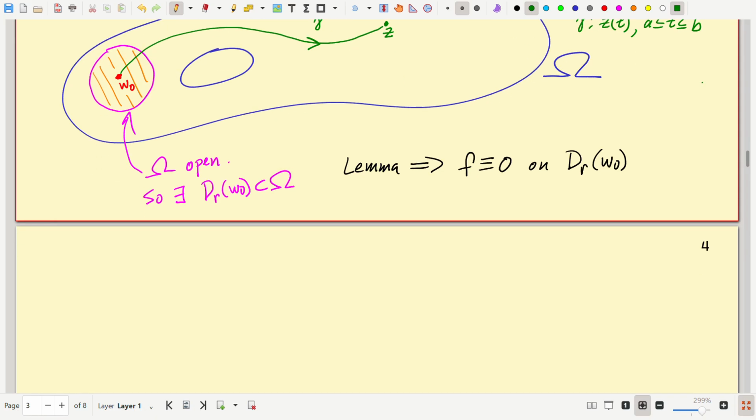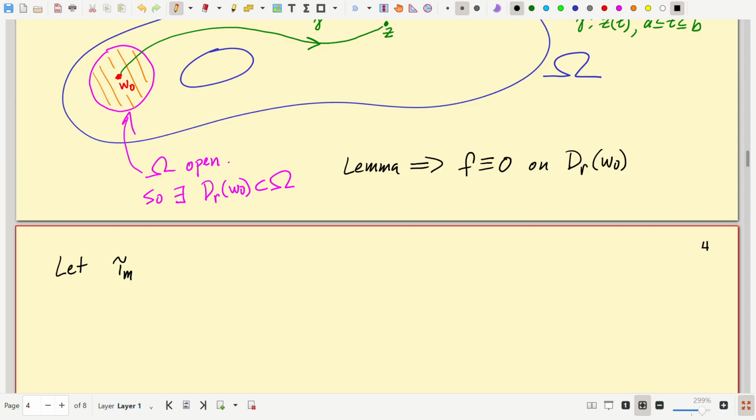Okay. And so I know that thing's going to be identically zero for a while when I start out at w naught. So the clever thing to do is, I like to call it T max, kind of.